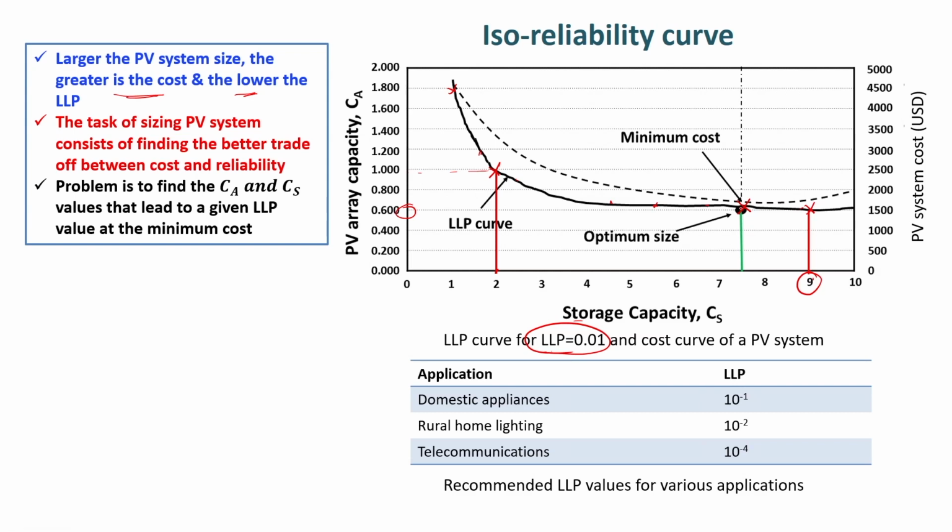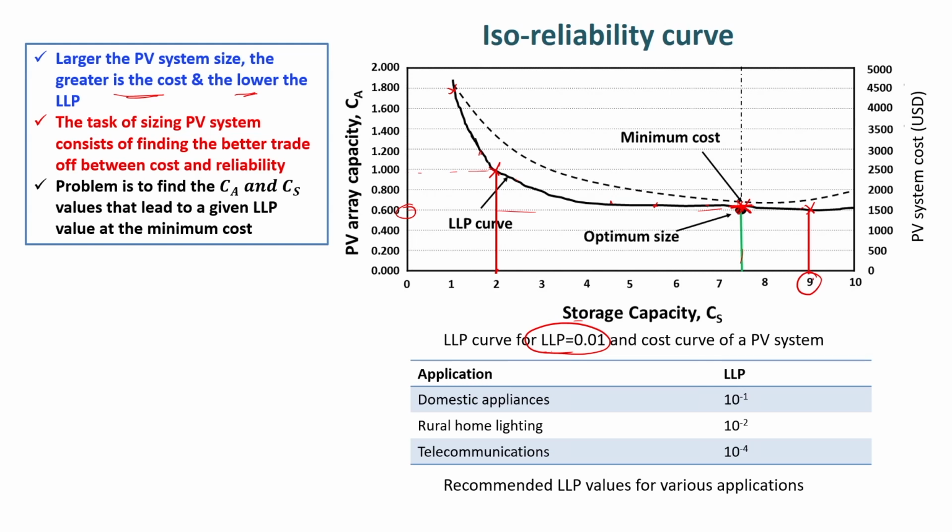But if we consider this point, we will have CS value of 7.5 and this is about 0.62. Under this condition at LLP value of 0.01, this is found to be the optimum size, because it minimizes the cost of the PV system, right. This is the minimum cost of the PV system.